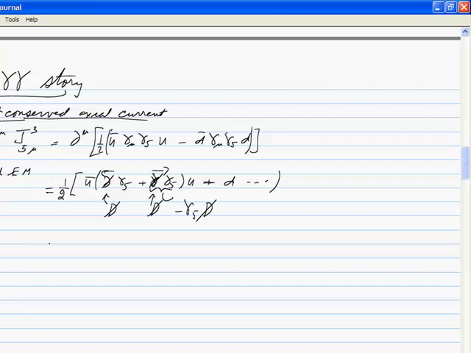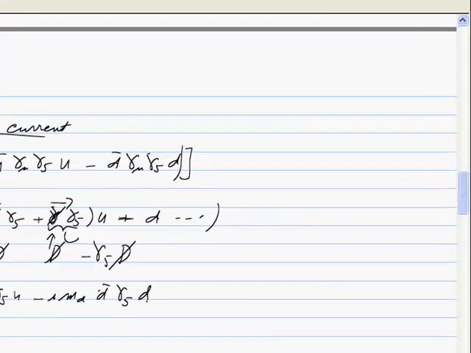Then you use the equations of motion, and this turns into just i m_u ū γ5 u minus i m_d d̄ γ5 d. Okay, so that's just playing games with the equations of motion.